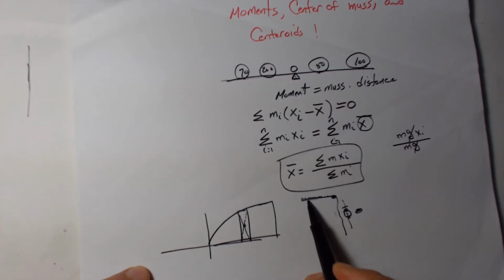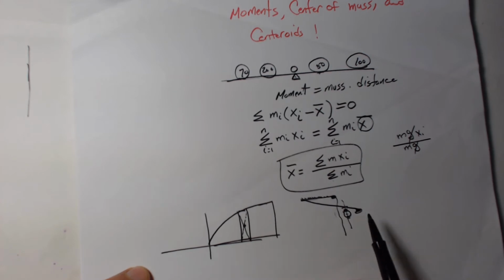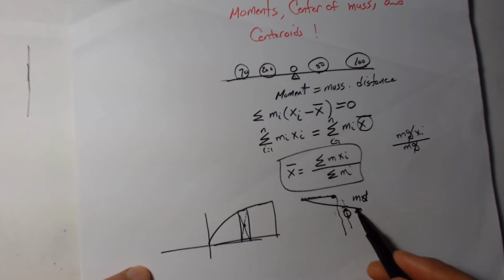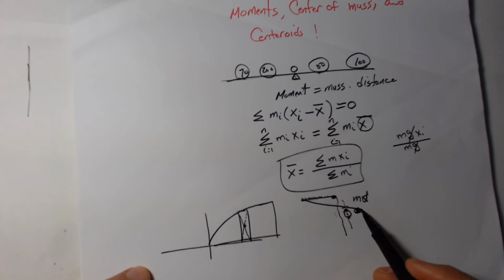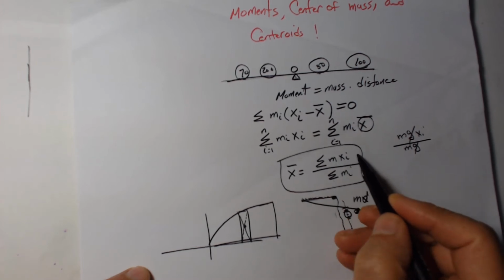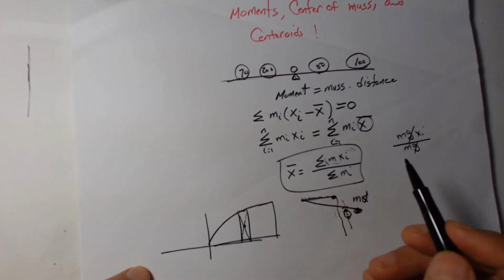By stepping back, they can increase the moment by multiplying their weight times the distance, and they might be able to have enough force to sack the quarterback. Therefore, moment is always mass times distance.